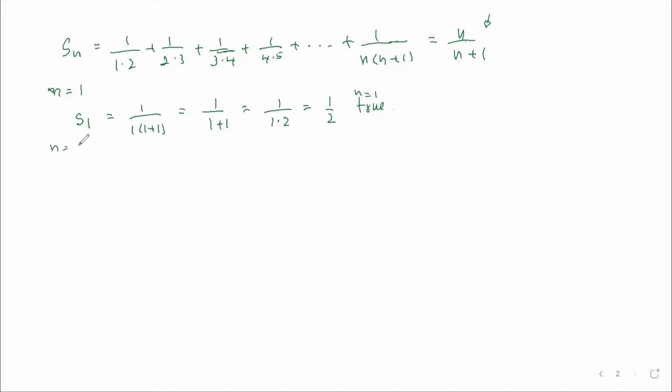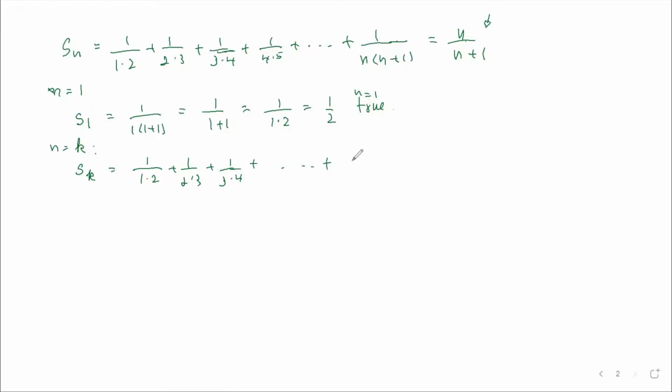Let n equal to k. Then you just replace n with k, right? No matter what you see from the equation. So it becomes Sk equal to 1 over 1 times 2 plus 1 over 2 times 3 plus 1 over 3 times 4, and so on, okay?